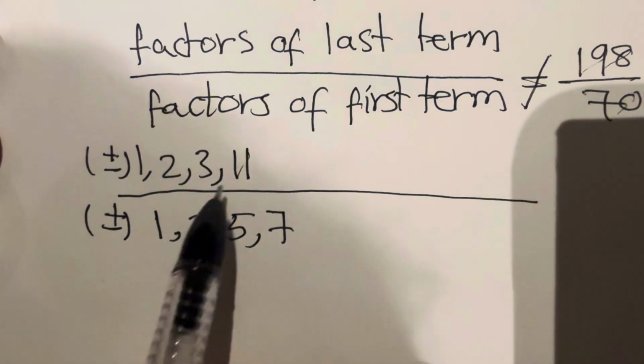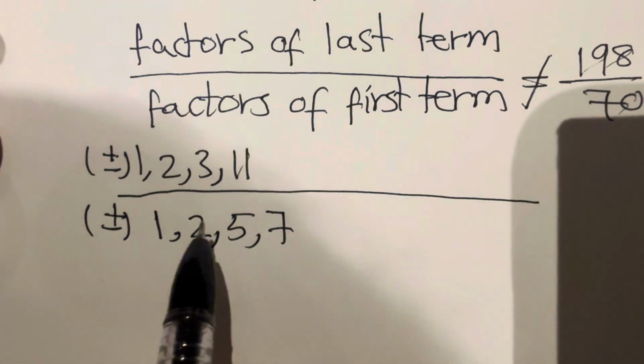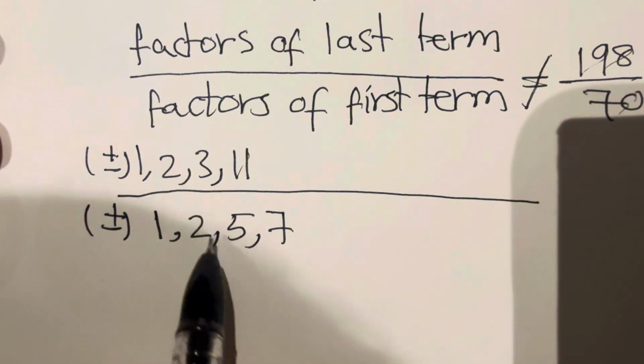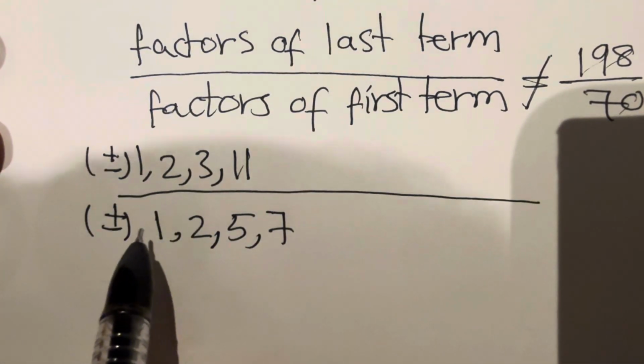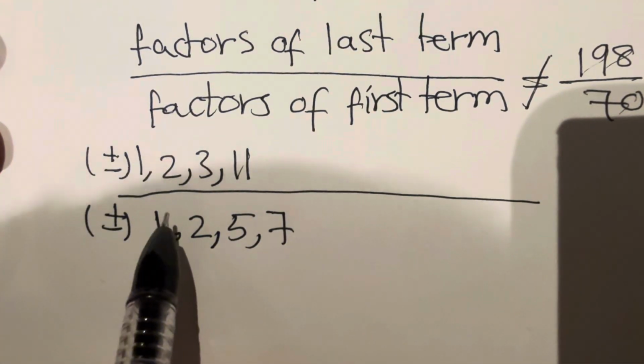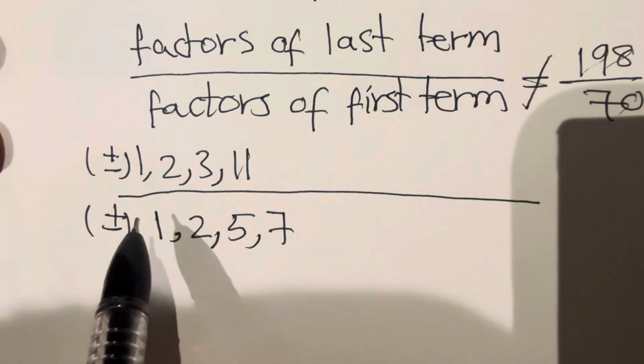So we have all these factors over all these factors. One of them, 4 times 4, we have 16 different factors.